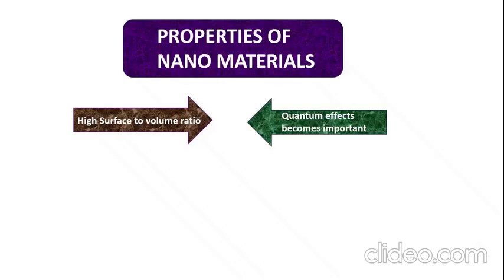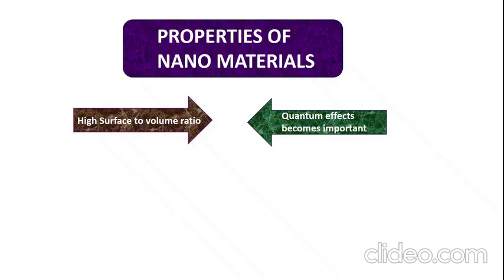And the other one is that quantum effects become important. We all know that classical and quantum theories are two different branches, in which classical theory mainly focuses on concepts related to bulk material, and quantum theory mainly focuses on nanoparticles or very tiny particles. When we discuss classical theory, for example the energy band of any element or atom, it states that the energy band will be continuous.